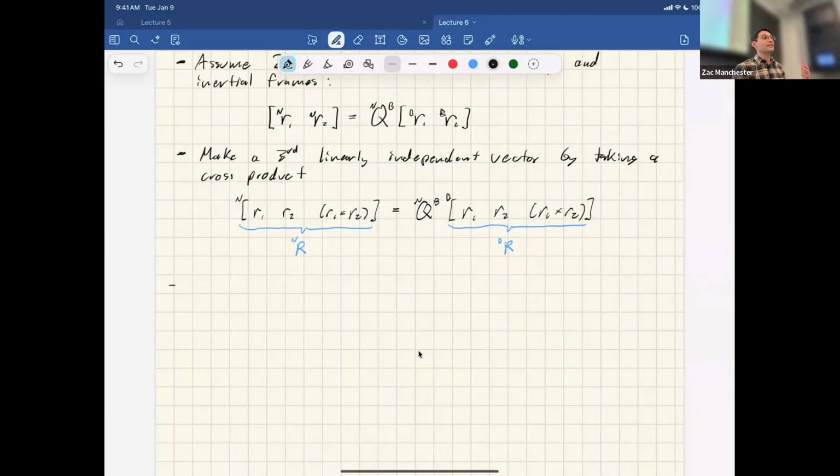I said linearly independent a bunch of times, and that is important because I need the columns to be linearly independent for the matrices to be full rank and invertible, right? Physically, if these vectors are lined up, I can't constrain that last degree of freedom, right? So a corollary is that they need to be pretty linearly independent.